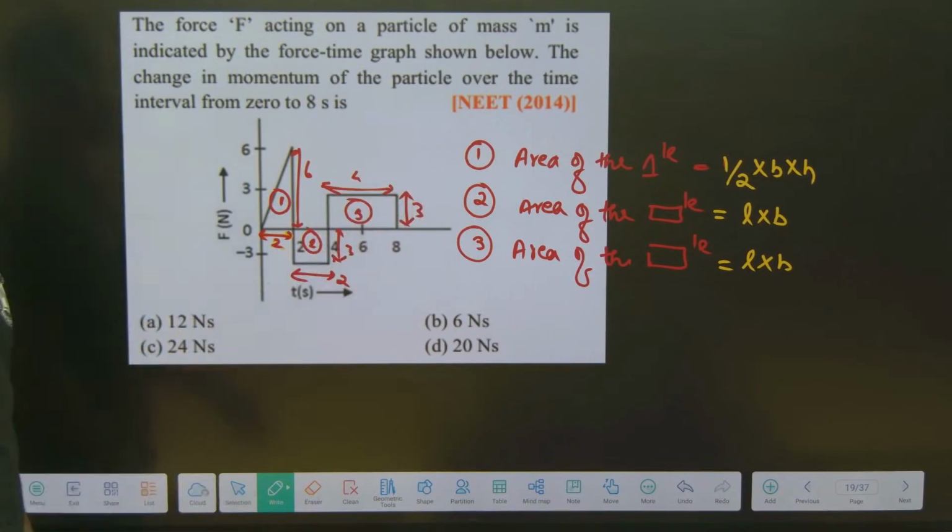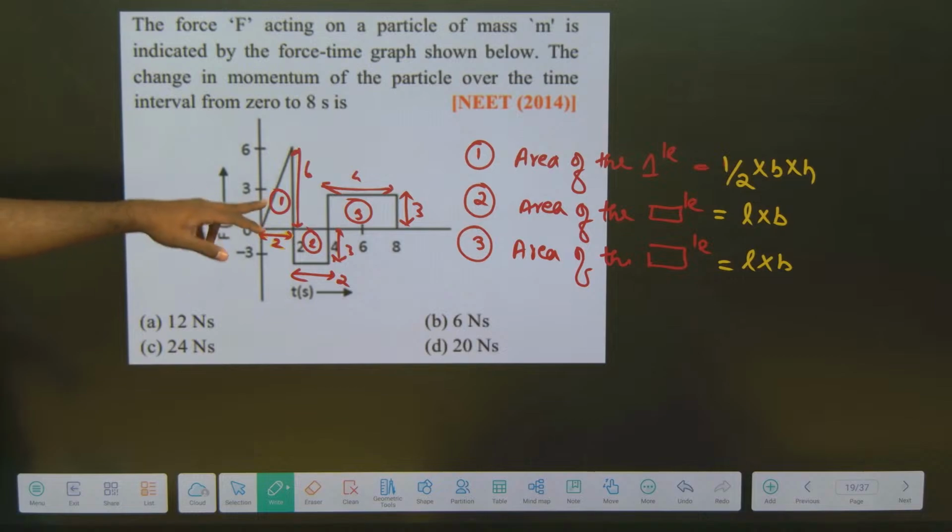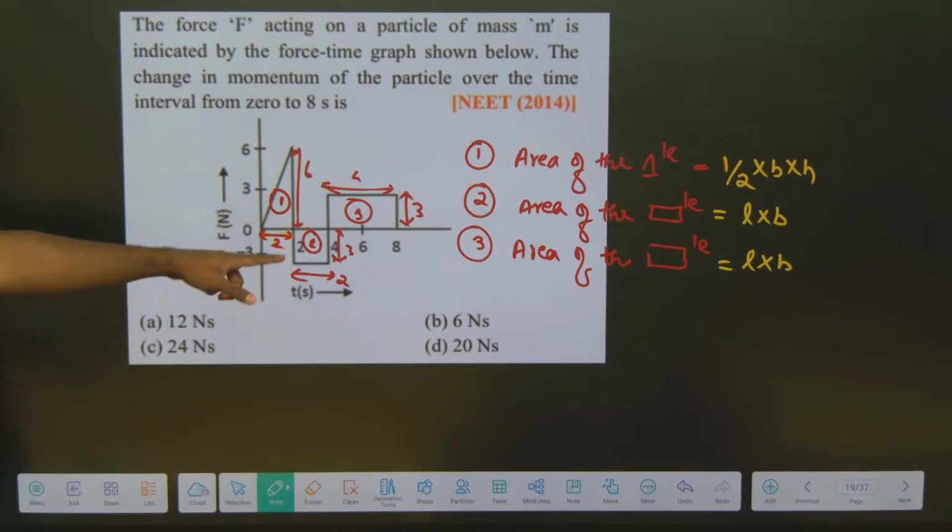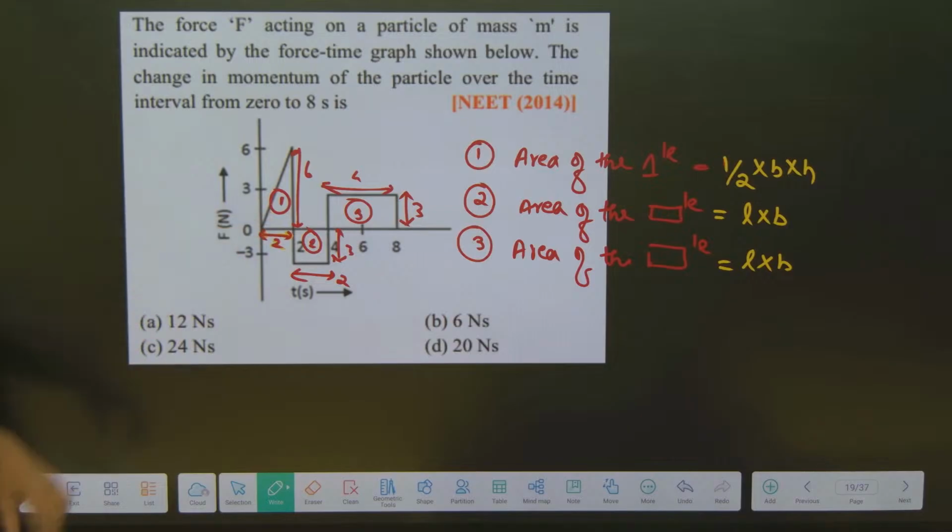So easily I can find it now. So half into base is 2, height is 6. So area of a triangle I will get 6, 2 will get cancelled, right? And then this rectangle and this rectangle, 2 into 3, 6 and this is 12.